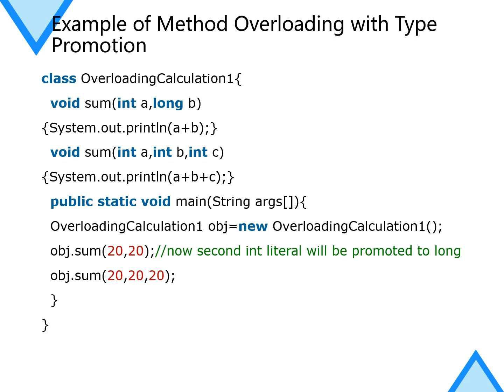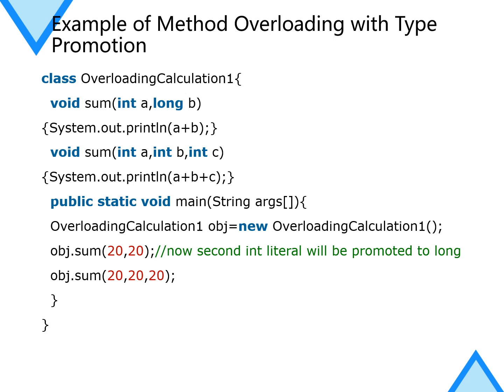Here we have a class OverloadingCalculation1, and we have one method with the name sum, and sum has two parameters, one of type integer and one of type long, and they are adding the two parameters.